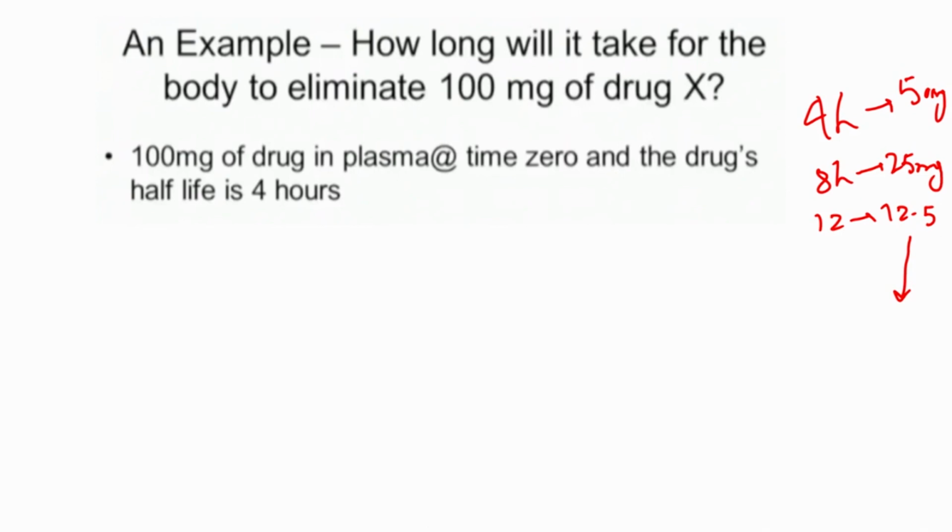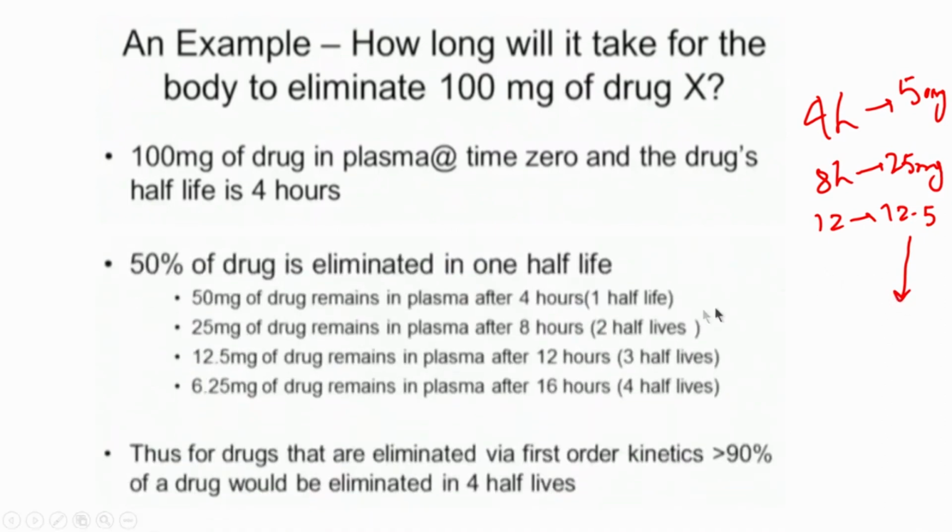If we continue to do this, the value will continue to decrease, but remember, because it is always going to reduce by half, you will never have the drug eliminated completely. It will keep reducing to infinitesimally small values, but it will never be 0. But that is not what happens typically. If we continue to do this, in 4 half lives we will have it down to 6.25. If we ask how long it takes to remove about 90% of the drug, it will take about 4 half lives.